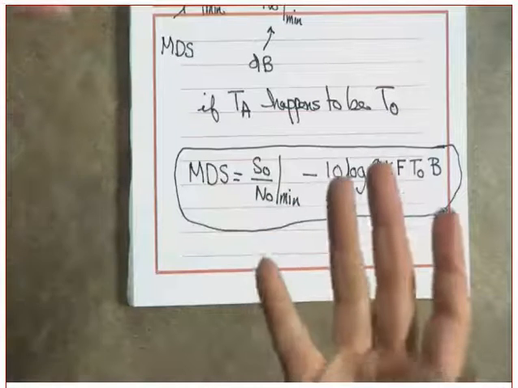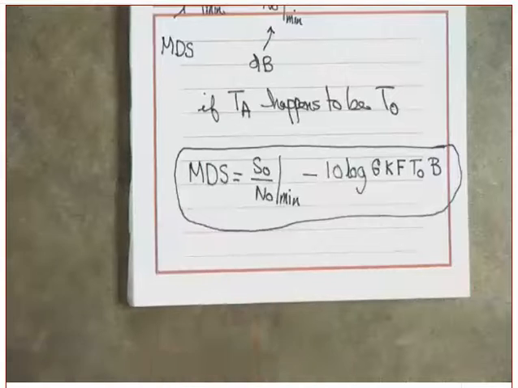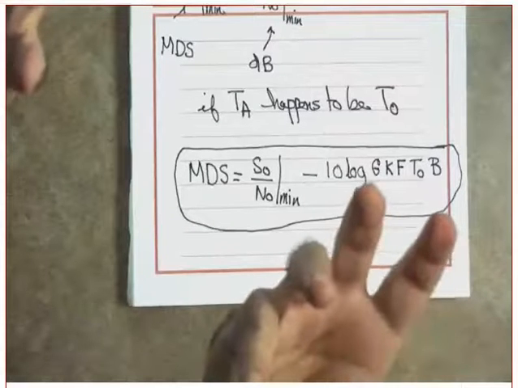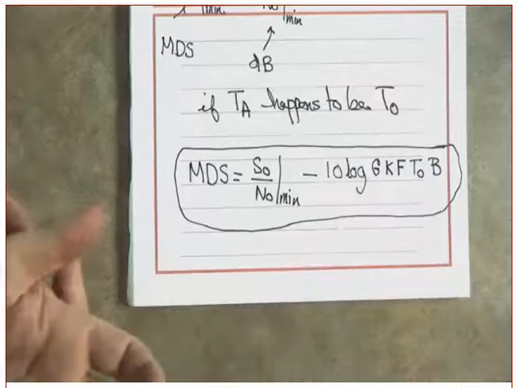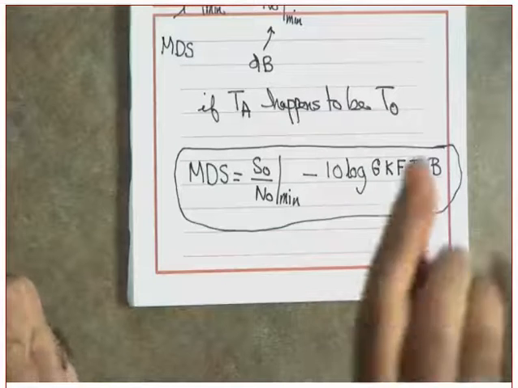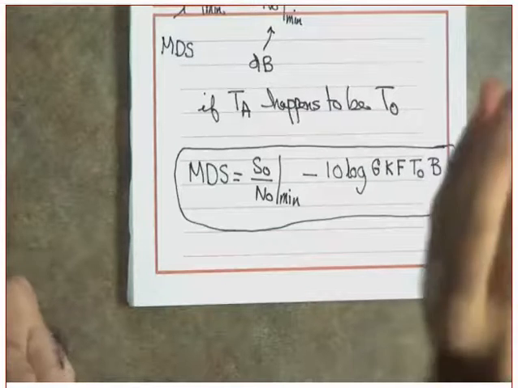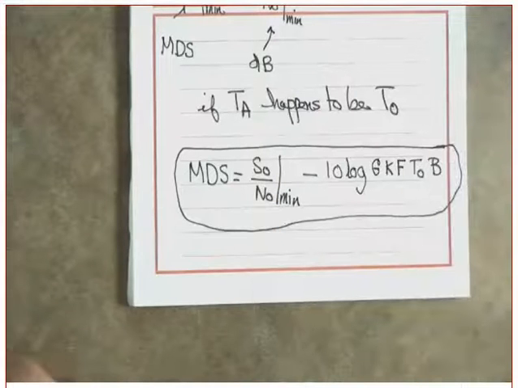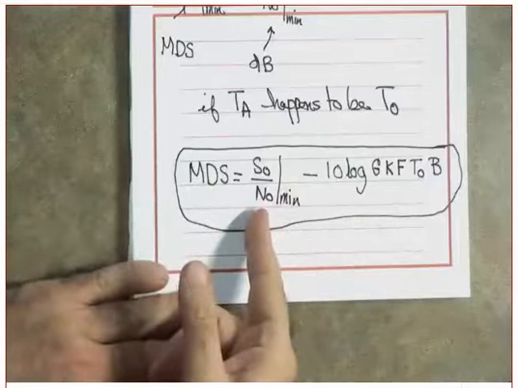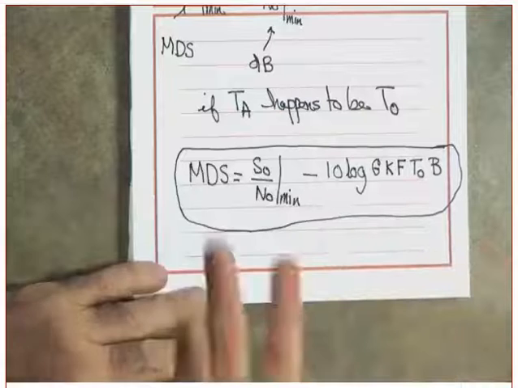And remember, when you calculate the noise floor, you need to take into account the noise introduced by the receiver chain. Did you understand what I just said or not? Yes or no? You assume that the minimum detectable signal is just a little bit, 3 dB, more than the noise floor. But if the question gives you the minimum signal to noise ratio at the input of the demodulator, you need to use this equation.